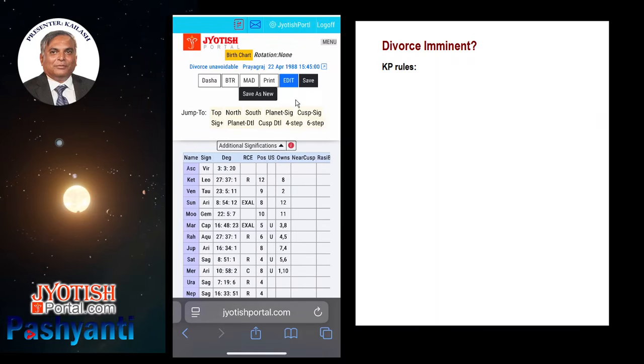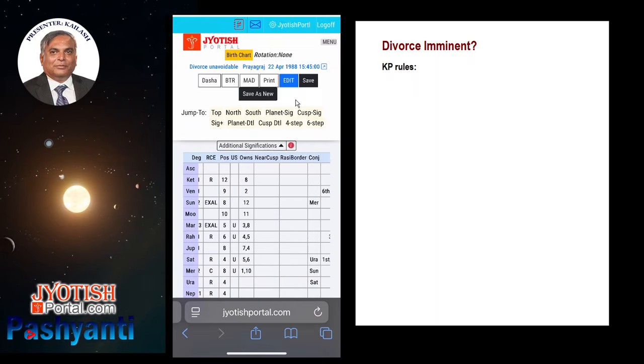So we see that the ascendant is not on the borderline. You have to focus on these column headings, basically the borderline and the conjunction.